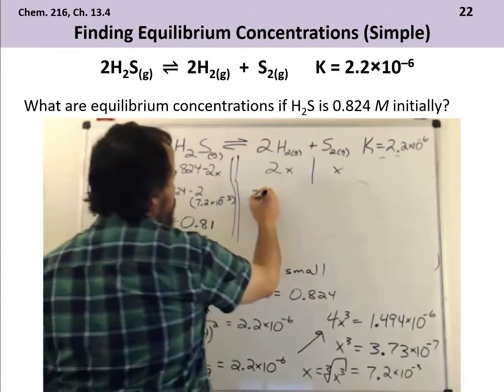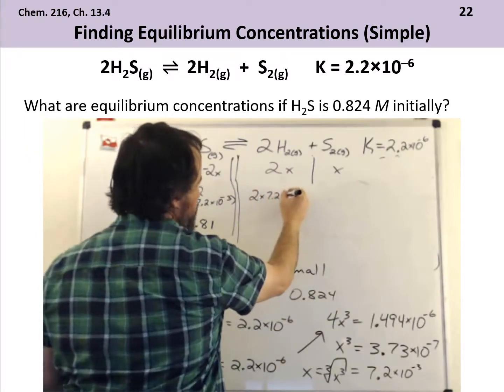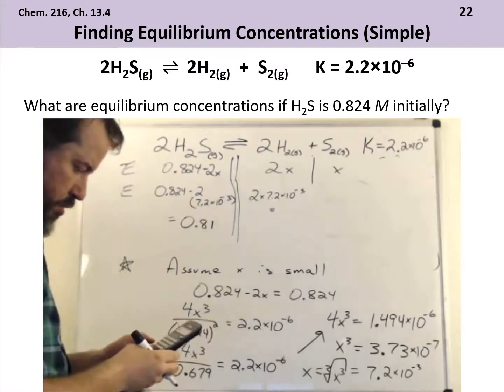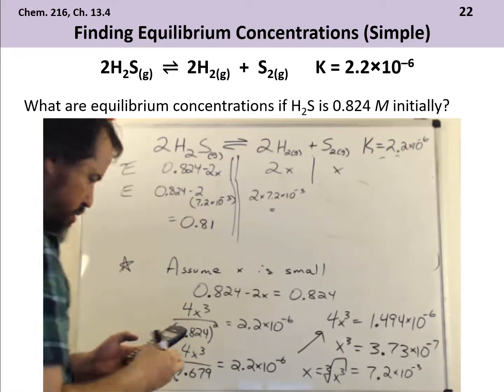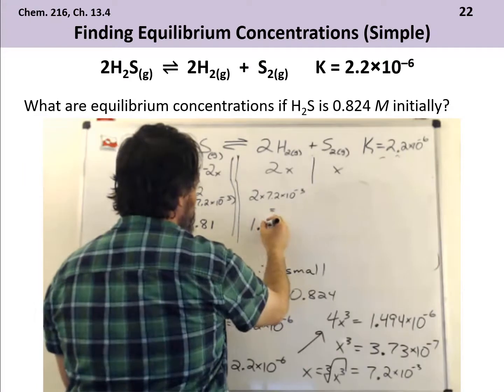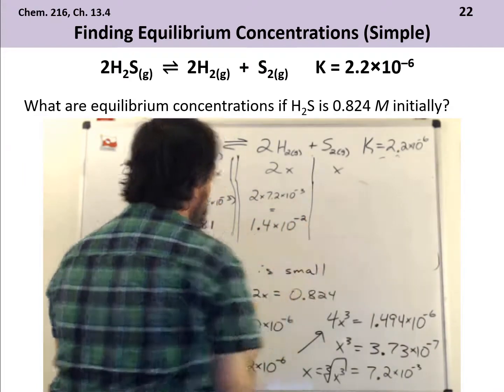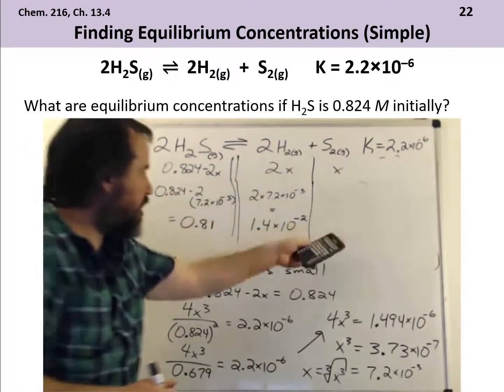So it'll be 2 times 7.2 times 10 to the minus 3 for H2. And then this is just x, so that's easy.